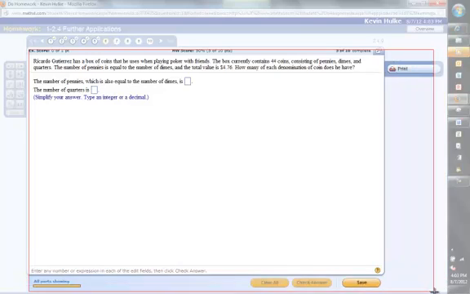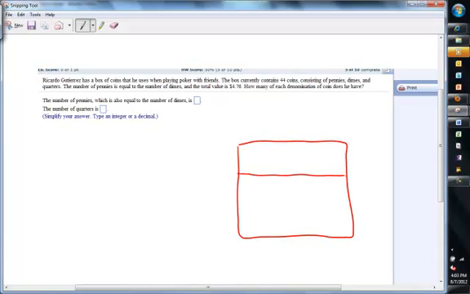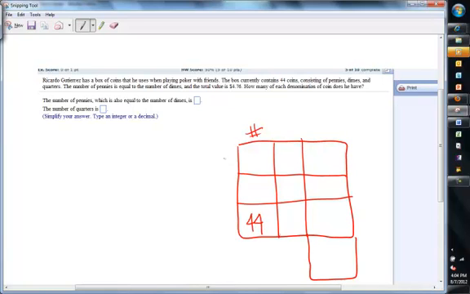Ricardo Gutierrez has a box of coins that he uses when playing poker with his friends. Got a 3x3 thing again going, with the box at the bottom. The box contains 44 coins and consists of pennies, which are worth 0.01, and dimes, which are worth 0.10.